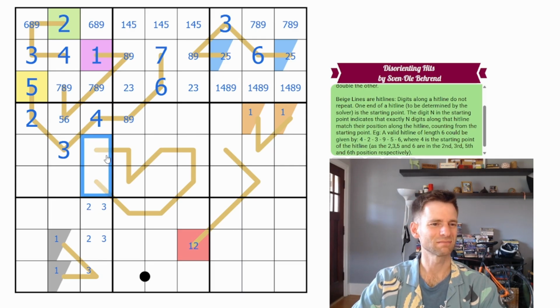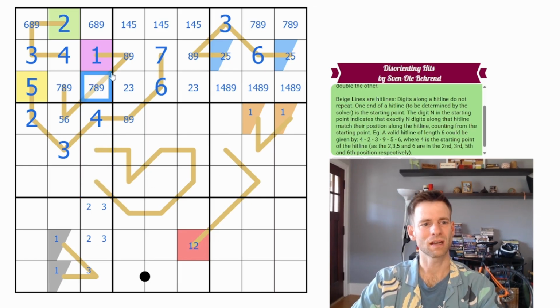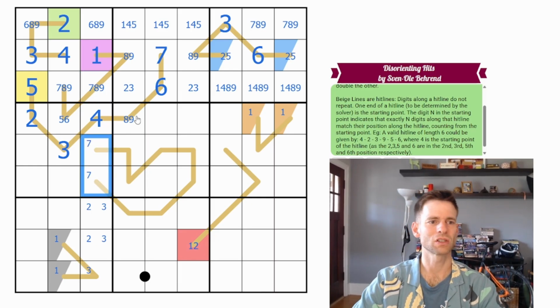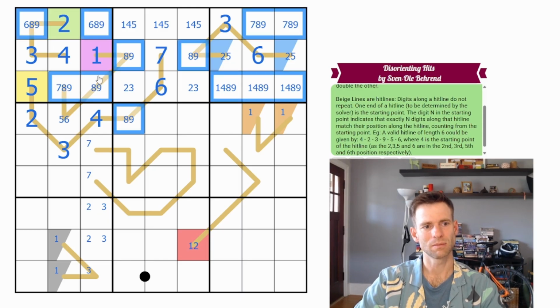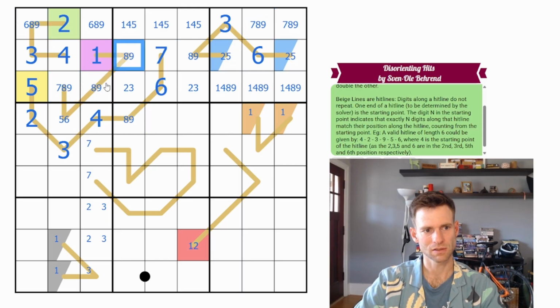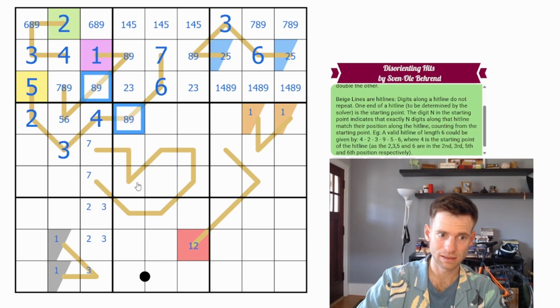If it was a 7. If it's a 7. I don't think it works, you know, because I think if it's a 7, that gives us the same situation in which this becomes an 8, 9, and then this is a different digit from this, so this would be the same as this.